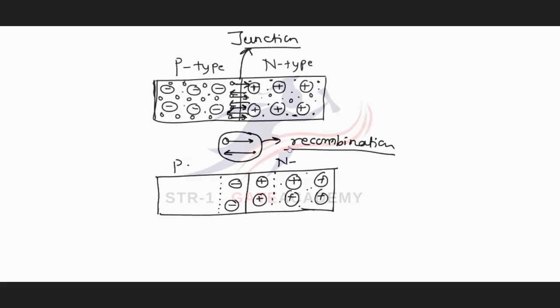In the rest of the material, free charge carriers are available, but in this particular region, in this layer, there are no free charge carriers, and as it is depleted of charge carriers, it is called the depletion layer.